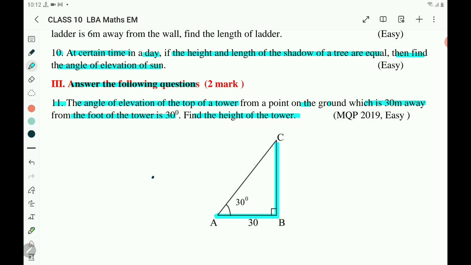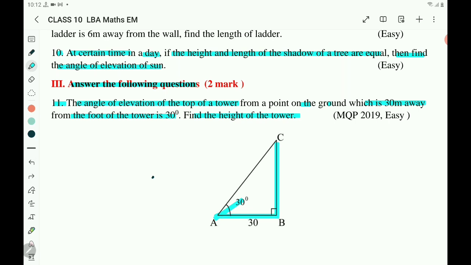BC is to be find out here, and the angle of elevation of the top of the tower from the point A is given. That is how much? 30 degree. For 30 degree angle, means for angle A, BC is the opposite side and AB is the adjacent side.